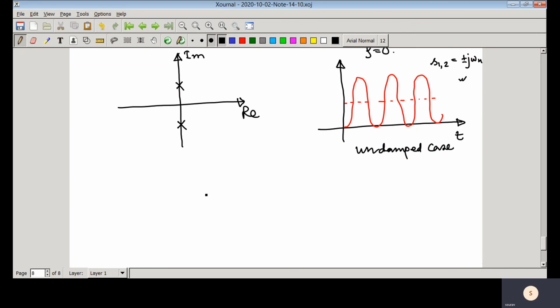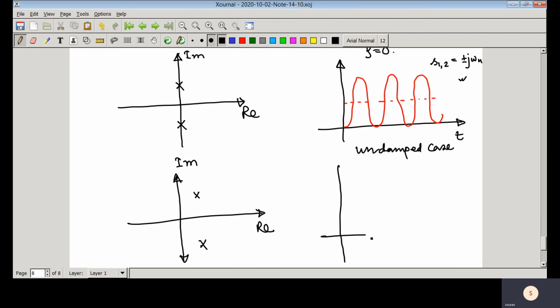So next, if the two poles move to the right half of the complex plane, obviously that would be unstable, as we have discussed. So if two poles are complex conjugate poles but unstable poles, then what would be that response?